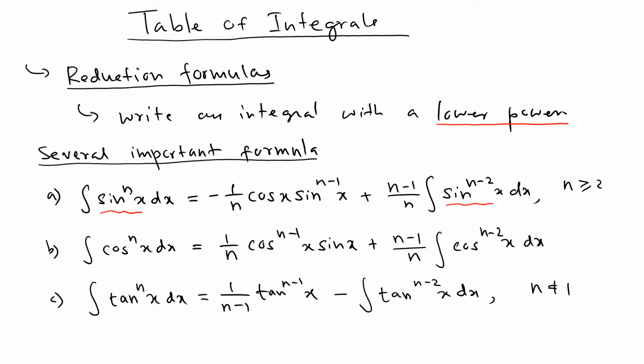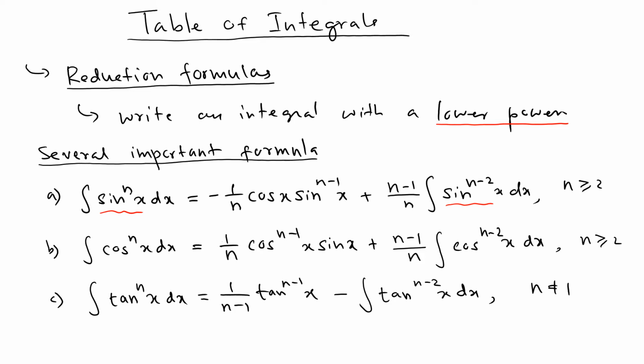We have these two, one for cosine: the integral of cosine^n x dx equals 1 over n cosine^(n-1) x sine x plus (n-1) over n times the integral of cosine^(n-2) x dx. This also works for an integer n greater than or equal to 2. For tangent, the integral of tan^n x dx equals 1 over (n-1) tan^(n-1) x minus the integral of tan^(n-2) x dx.